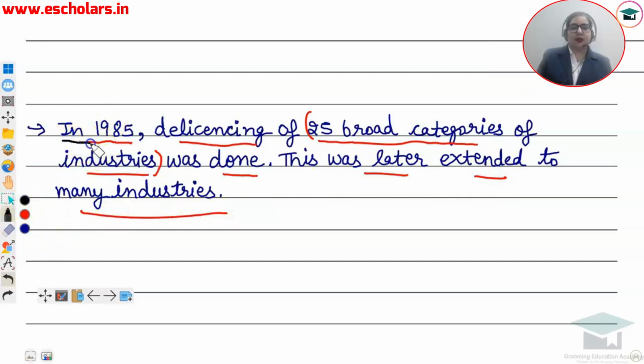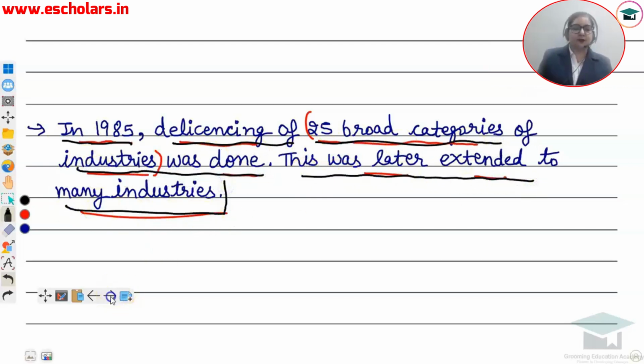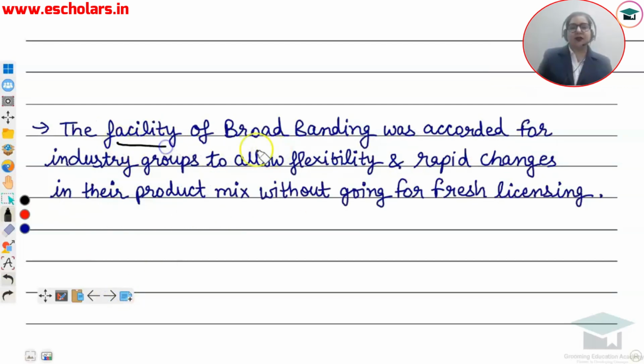So let's have a look. In 1985, de-licensing of 25 broad categories of industries was done. This was later extended to many industries. Further students, the facility of broad banding was given to industry groups. Now what is the facility of broad banding?